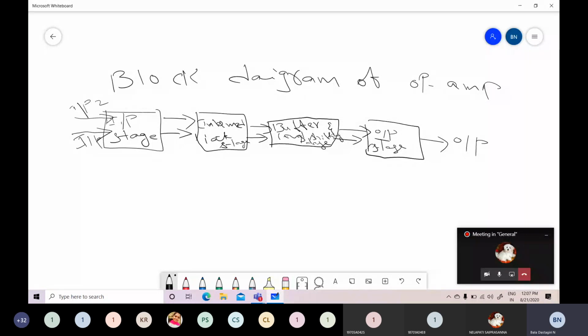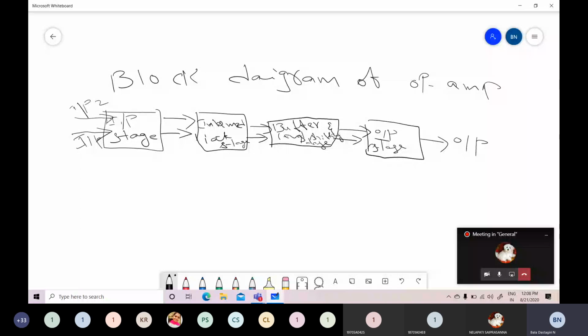The second stage is the intermediate stage. The output of the first stage drives the next stage, which is known as the intermediate stage. This intermediate stage is also another differential amplifier, which may be a dual input unbalanced output differential amplifier or a single ended output differential amplifier.